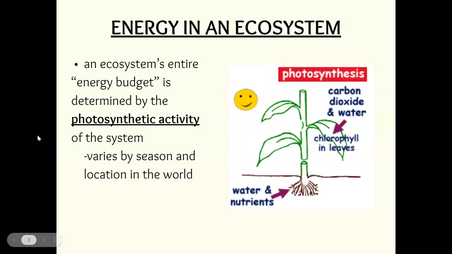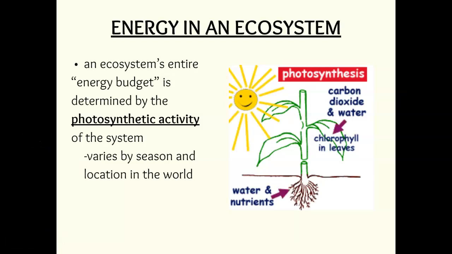In ecosystems, the entire energy budget is determined by the amount of photosynthesis that's actually occurring within that ecosystem. And this is going to vary by seasons and locations in the world. Previously, we've talked about the different biomes and how much sunlight each biome gets. Remember that closest to the equator, they experience almost no seasons because sunlight is so direct.